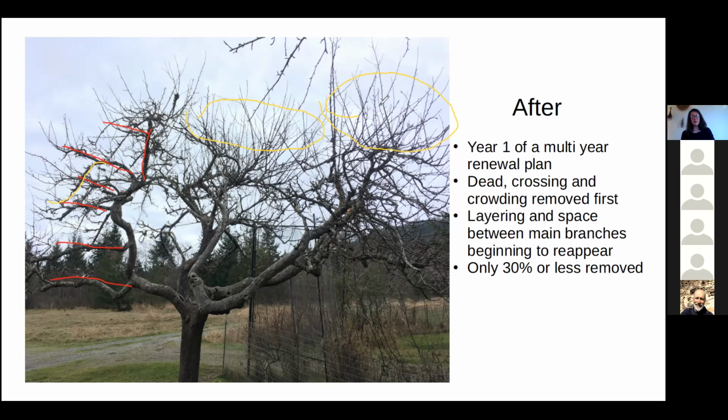So if we're doing any pruning in the fall, we're cutting that off the tree before it has a chance to send it back to the roots. Really interestingly, the roots are going to be storing all of the nutrients the apple or fruit tree needs to grow. So all of bud break in the following year, all of the leaf growth and the blossoms, that's all driven by the stored nutrients in the tree roots.